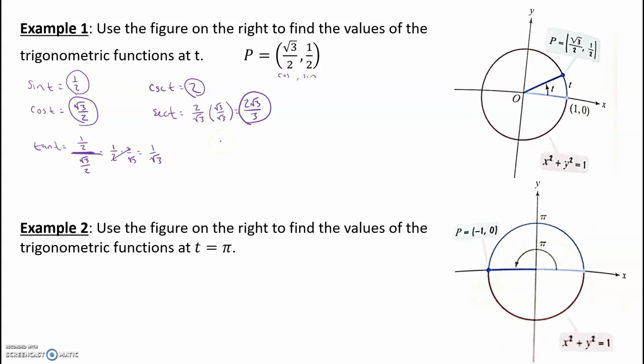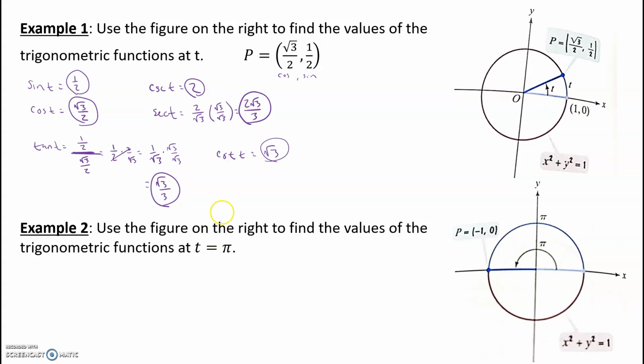Now, before I rationalize, I usually go ahead and write cotangent, just while you're at it. So cotangent of t is, instead of 1/√3, √3/1. So that one's done. Now this one we just have to go back and rationalize. So we're going to multiply by √3/√3, and we wind up getting square root of 3/3. And then we have all 6.